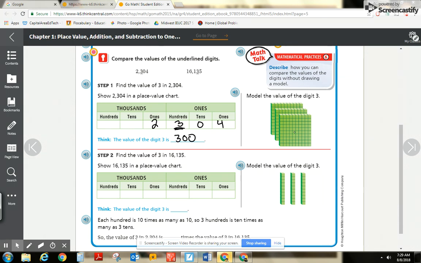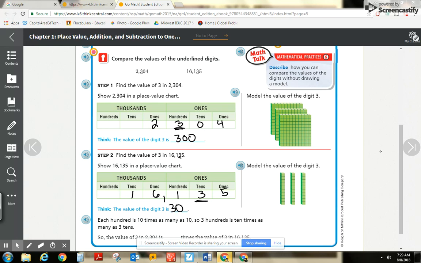Now we're going to find the value of the 3 in 16,135. So we can fill this in, 16,135. We're looking at the value of that 3, 3 tens is 30.